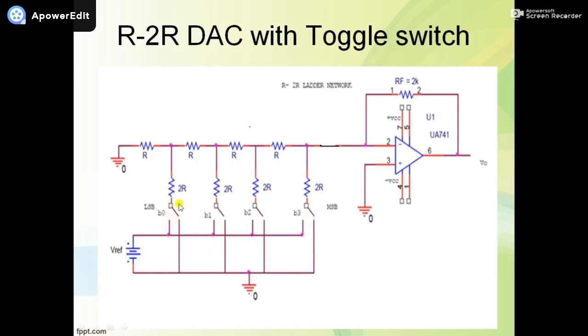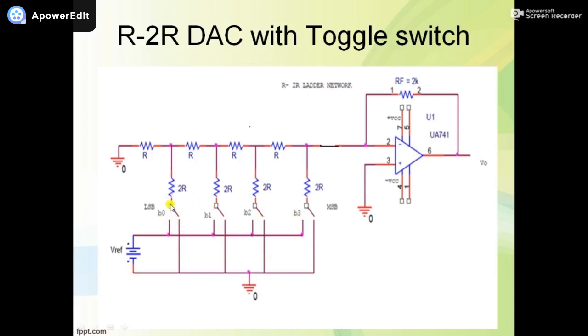Basically all switches are open. The switch having a one state changes its state from open to closed, and when this B0 switch becomes closed, the remaining are all open switches.